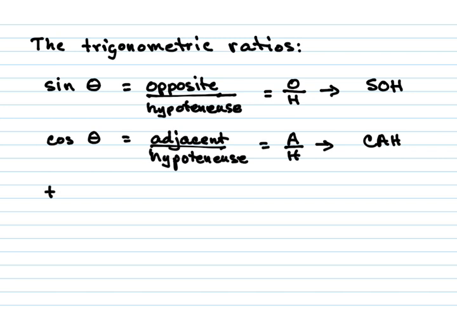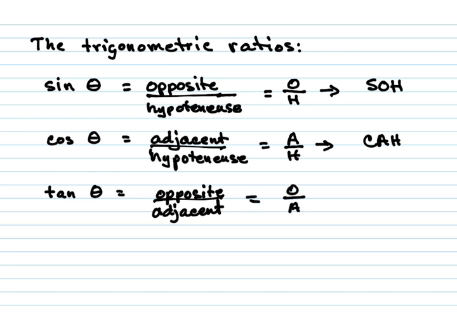And finally, we have the tangent of theta, which is simply the opposite over the adjacent, which gives you O over A, and the mnemonic TOA.